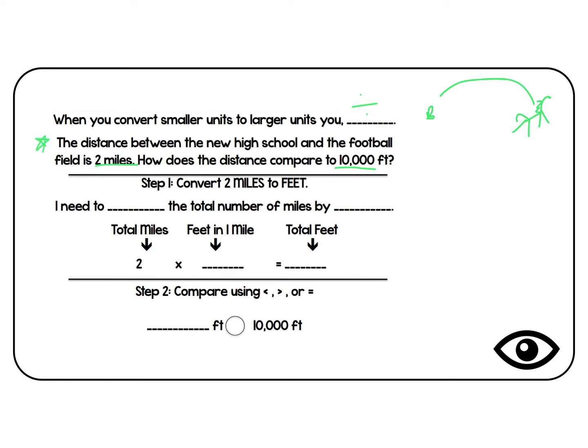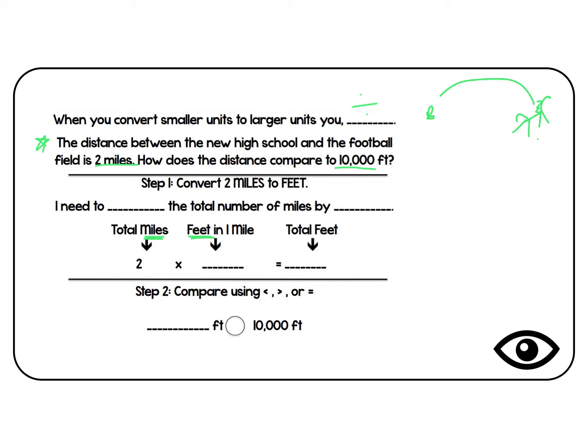Our first step says that we need to multiply the total number of miles by a number. Let's look at our problem here. We have 2 miles. We need to know the number of feet in 1 mile, and that will tell us the total feet. When we are going from a mile to a foot, a mile is big like a horse, and a foot is small like a fly.